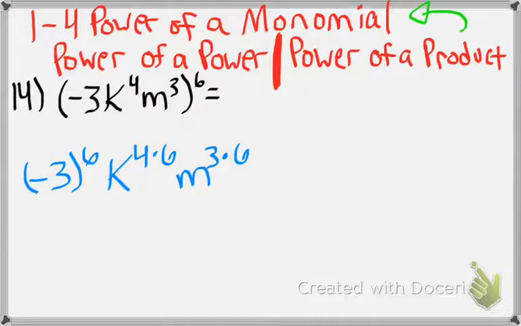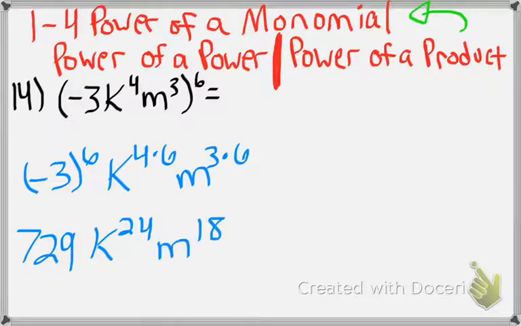So that means an even number of negative numbers being multiplied by themselves is going to equal a positive answer. So this is going to be a positive answer, not a negative answer. So then 3 times itself 6 times, you're going to get 729 positive with the calculator. Now, k to the 4 times 6, that's 24, and then m to the 3 times 6, that's 18. That's how we got our answer for number 14.